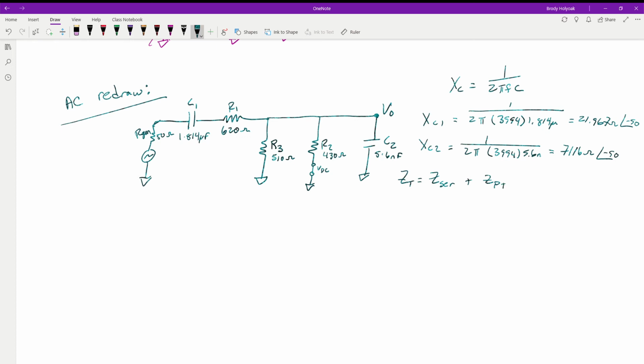I'm just going to use my ZPT, which is what we've been using this whole semester. We need to find out what each of these values are. So Z series is equal to our gen plus X of C1 plus R1. Now, let's take a look at these numbers.